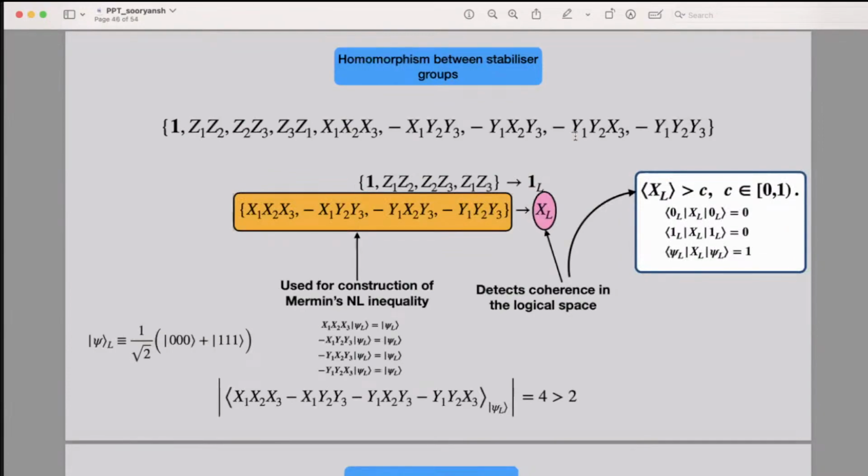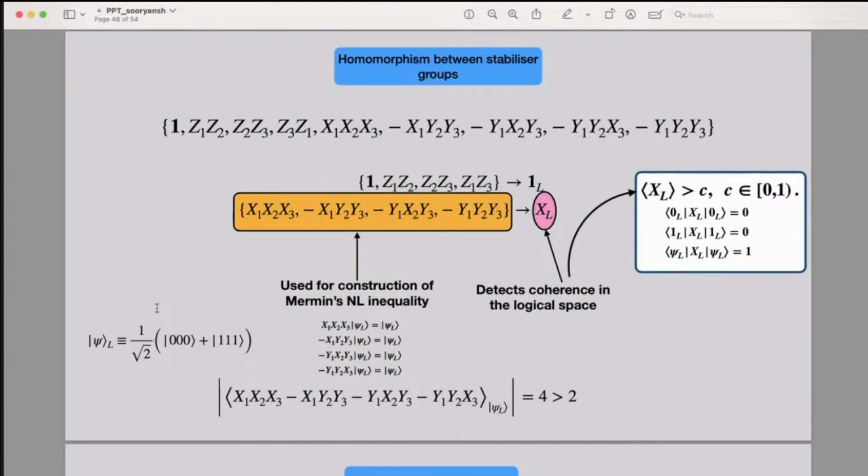You can see that this psi L was 0L plus 1L. If one does not look at its underlying structure, then the stabilizer group, as I have shown in one of the slides, is simply identity L and XL.